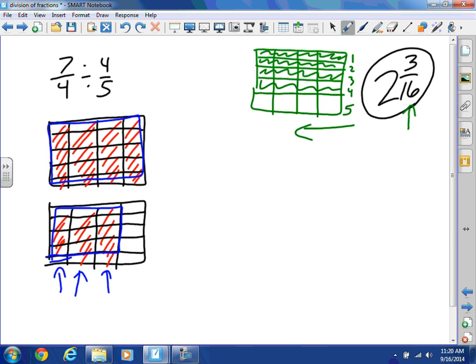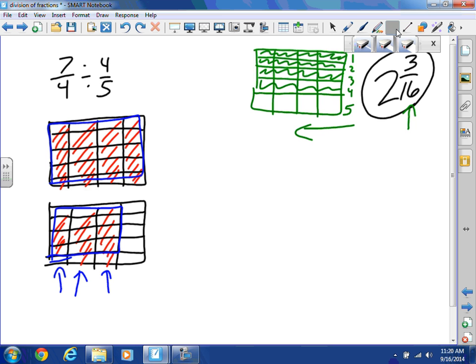So I realized that there's 20 boxes in here. So for my 4/5, I did the same thing, but then I colored in my 4/5, and I realized that there were 16 boxes in the 4/5 out of the 20. So because I'm coloring in 16 out of the 20, I found groups of 16, and I had 3 left over.